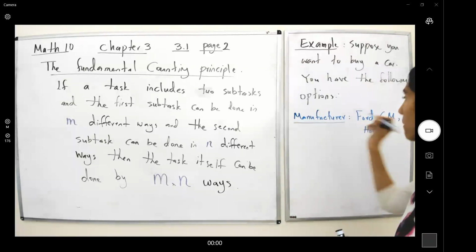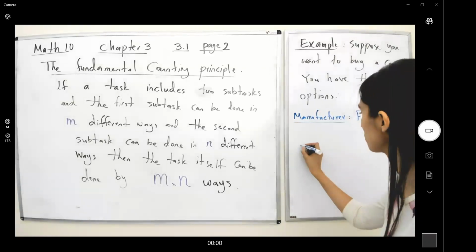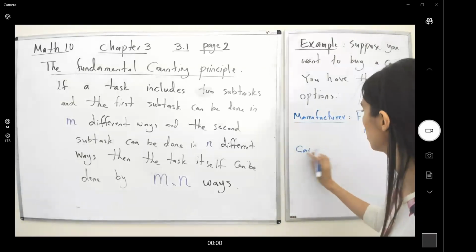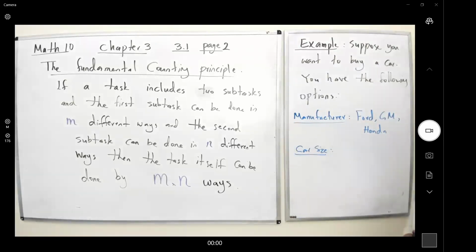This is for manufacturer. Then you have the options for car size. You're not sure if you want to purchase a compact or mid-size car. So 2 options, compact or mid-size.